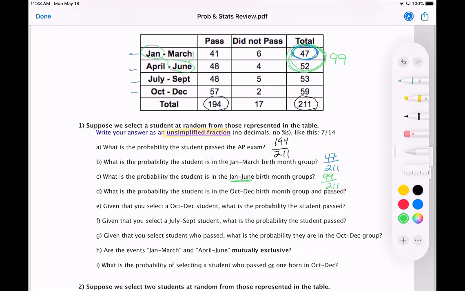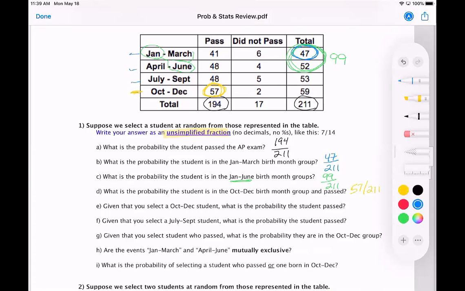Letter D, what's the probability a student is in the October-December birth month group and that they passed? We look at October to December and they passed. That would be 57 out of 211.